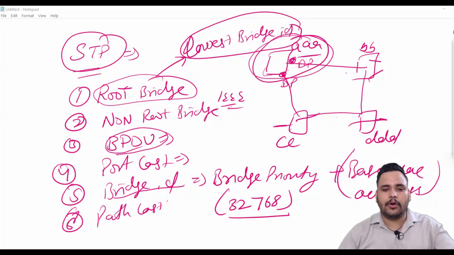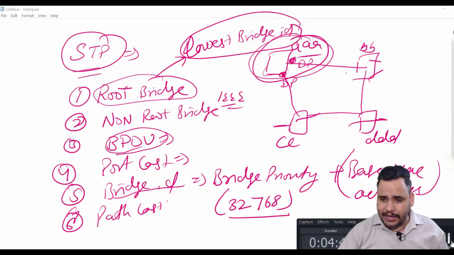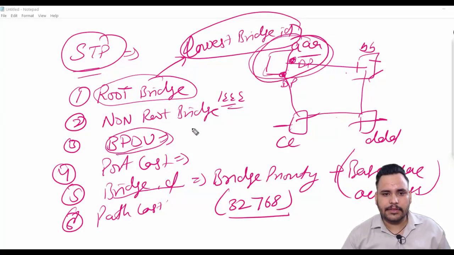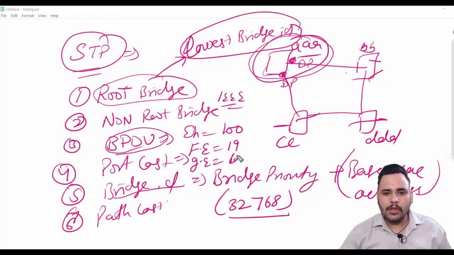The port costs are: Ethernet cost is 100, Fast Ethernet cost is 19, Gigabit Ethernet cost is 4, and 10 Gigabit Ethernet cost is 2.